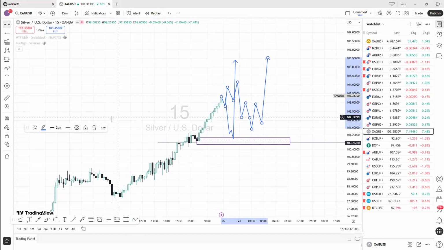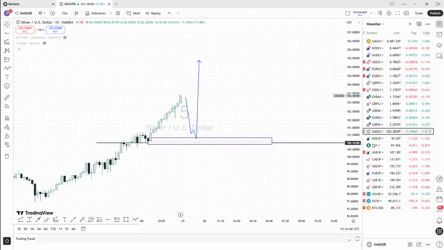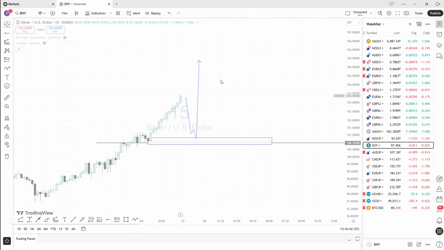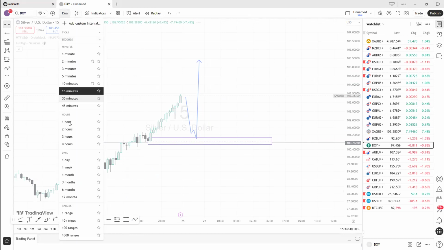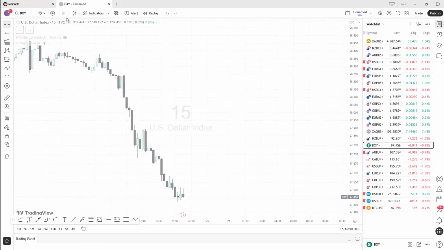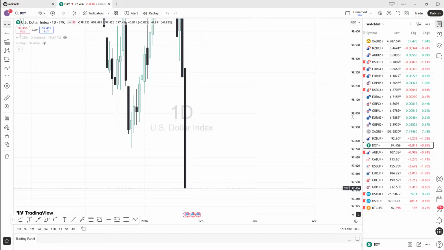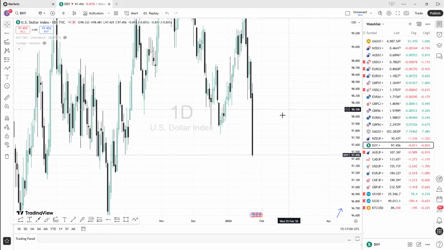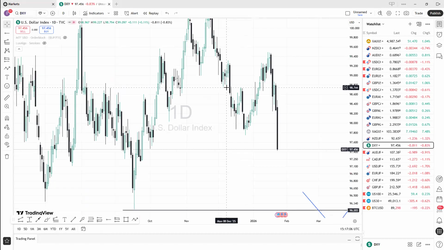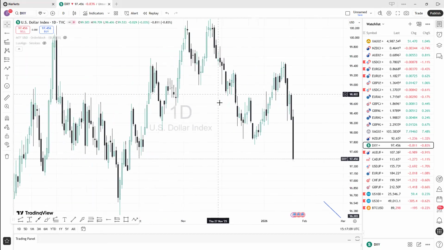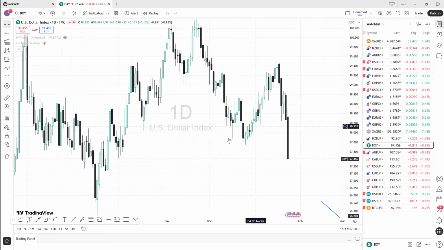For now on silver there is no clear market structure, because when you see DXY, it is dropping very, very aggressively on the daily time frame. When DXY is dropping like this, expect nothing from the market, no pullback on silver.